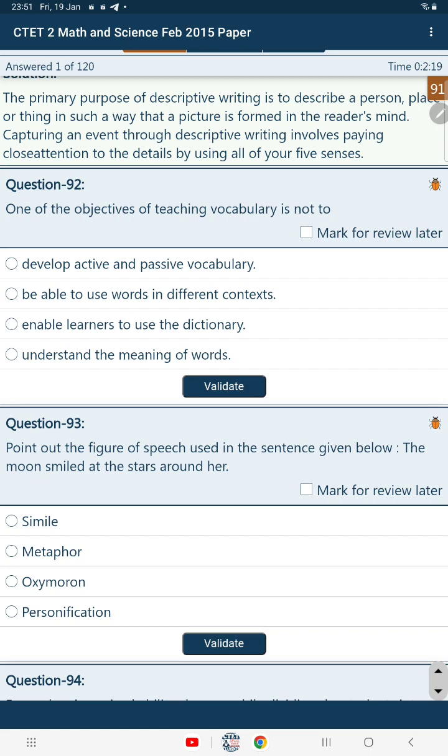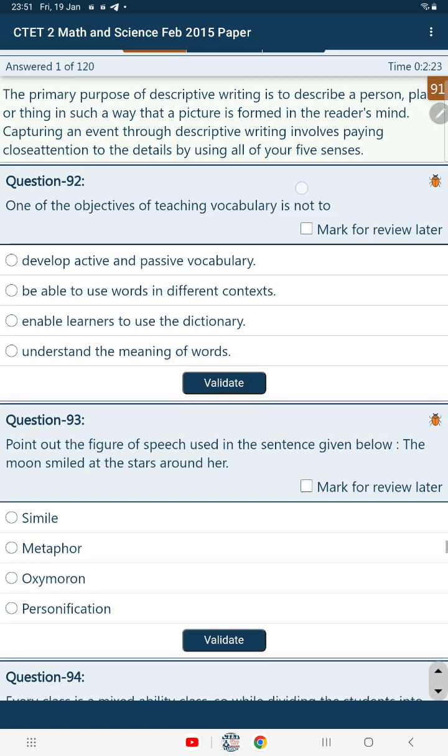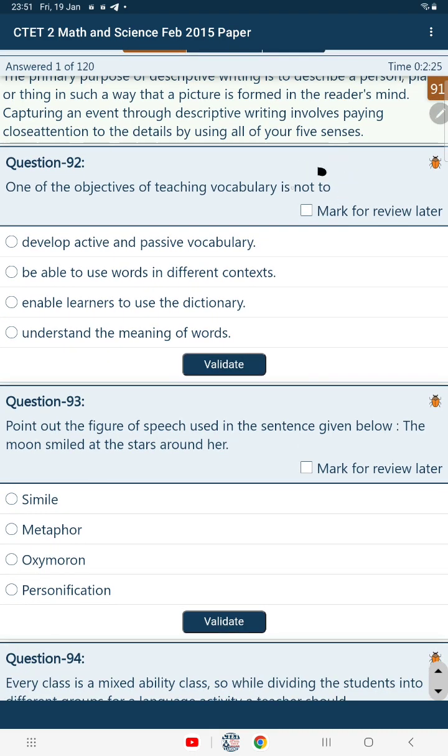One of the objectives of teaching vocabulary is not the negative term. They are asking, students, in terms of negative. Develop active and passive vocabulary, this will be positive. Be able to use words in different contexts, this is positive.